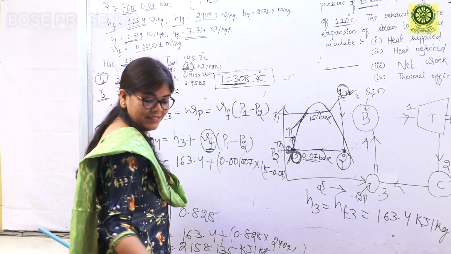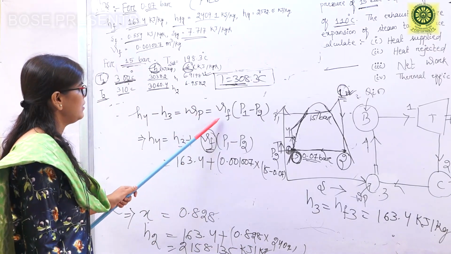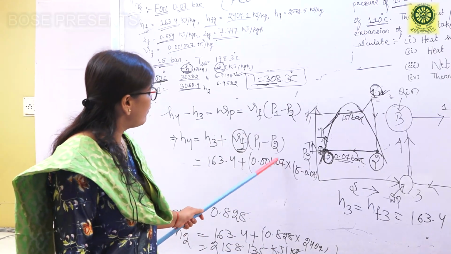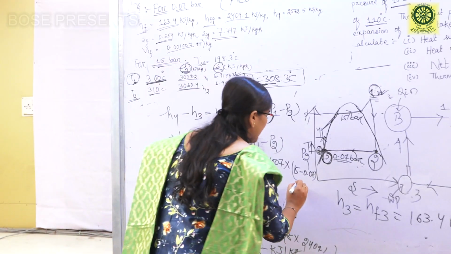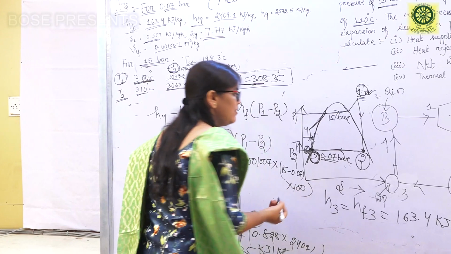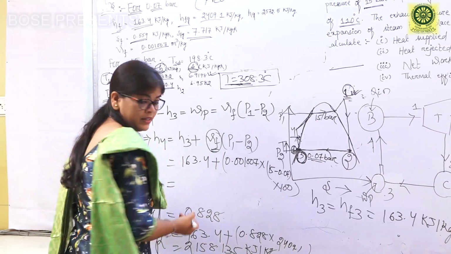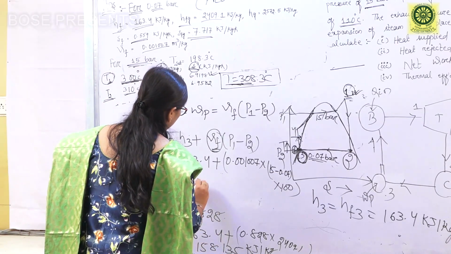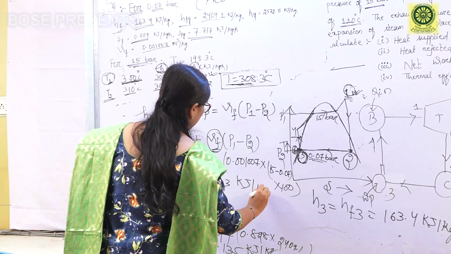And remember, this is in bar and the pump work has to be found in kilojoule. So I have to convert this bar to kilopascal. You have to multiply by 100, as you know 1 bar is 100 kilopascal, and you are going to get H4 is 164.903 kilojoule per kg.